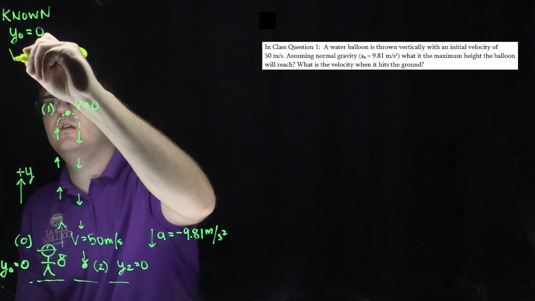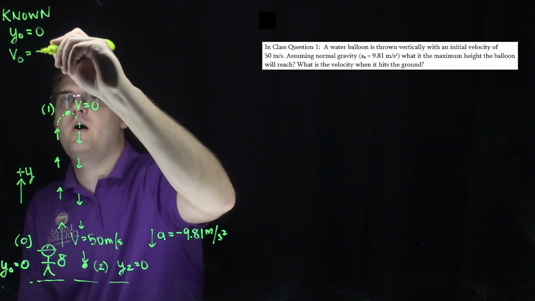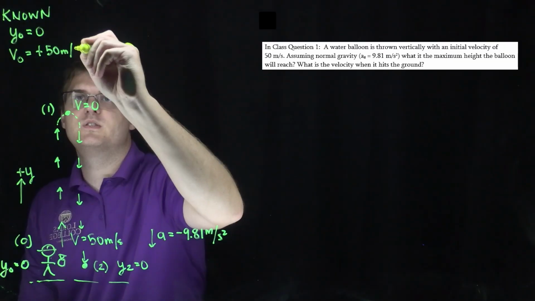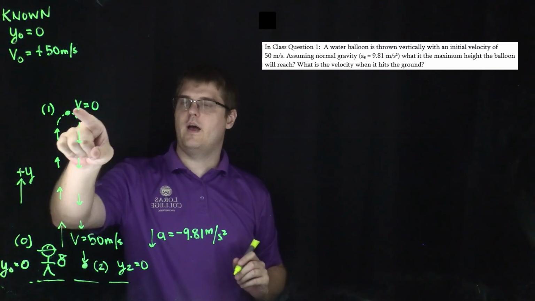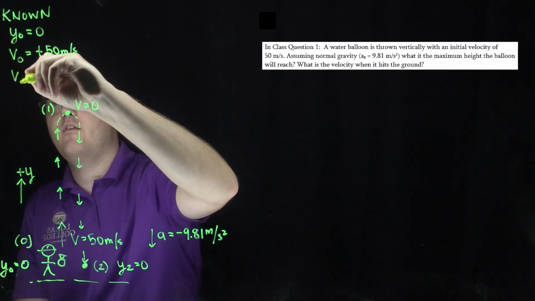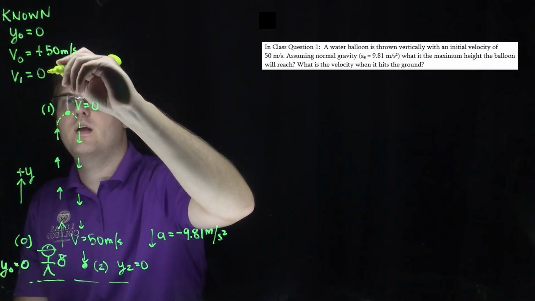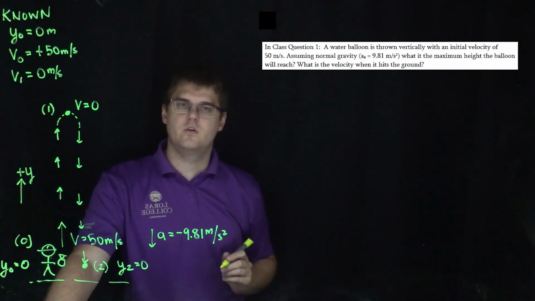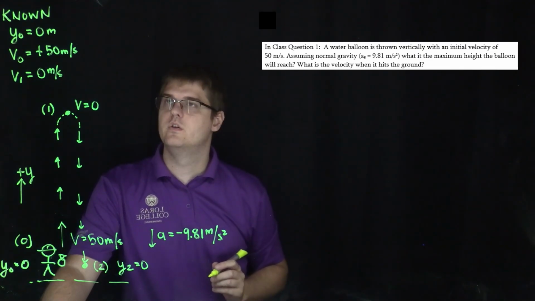My velocity at time 0 is positive 50 meters per second. That's all I know about time 0. I know that at time 1, I have hit my maximum height, so I am now going at 0 meters per second. I'm going to add units here. Perfect. And that's all I know about that top position.